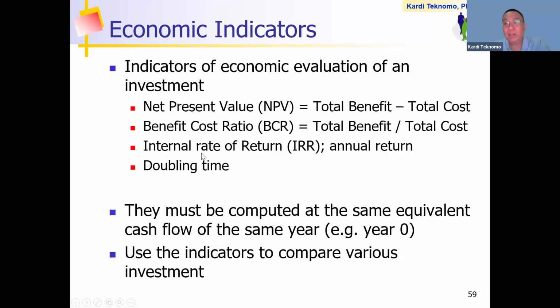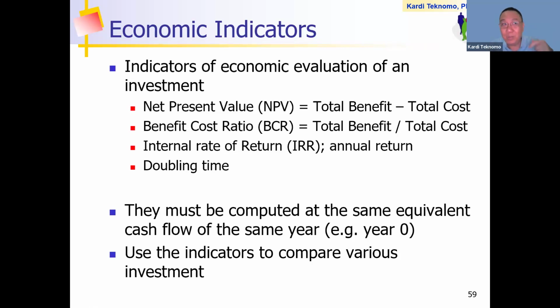Another economic indicator is called IRR, or internal rate of return. This is basically the interest rate of your project. Of course, now you compare this IRR, the interest rate of your project, to, for example, the bank loan. Say you want to do business.